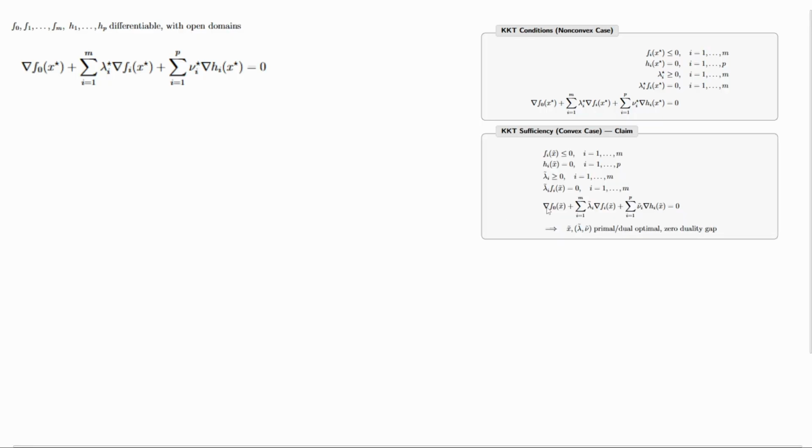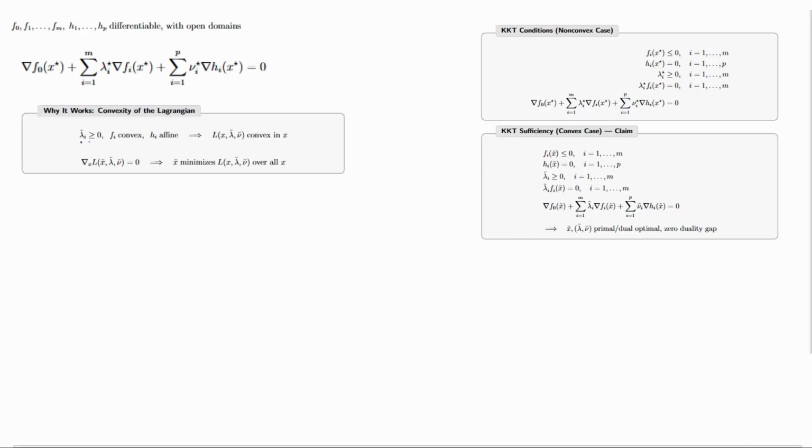So just concretely, let's say you have some x bar, lambda bar, and v bar, which satisfies all 5 conditions here. The claim is that they're automatically primal and dual optimal, with 0 gap, and no further argument needed. Let me try to convince you why this is the case. We start with just 3 conditions: lambda is greater than or equal to 0, f is convex, and h is affine.